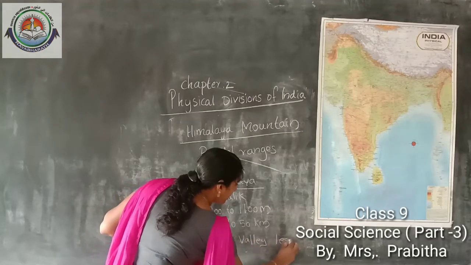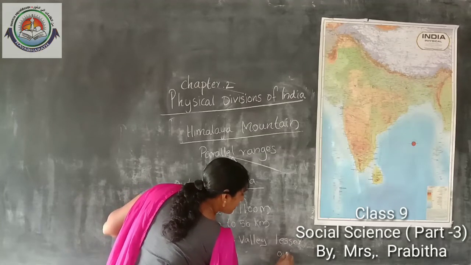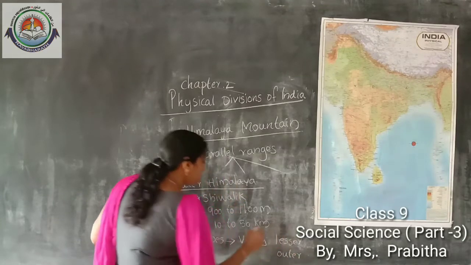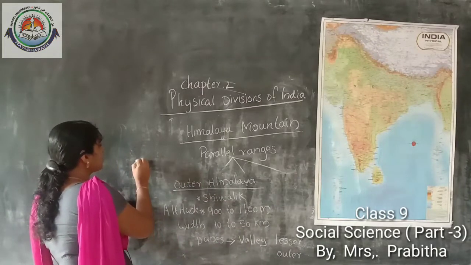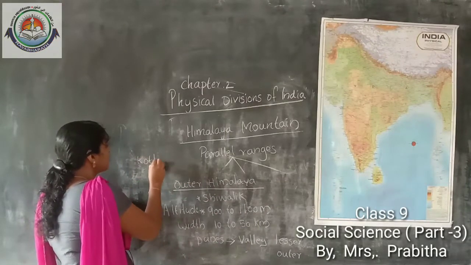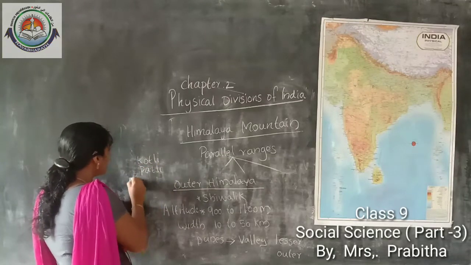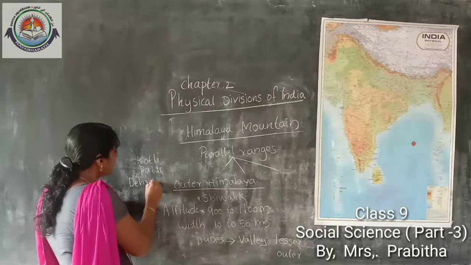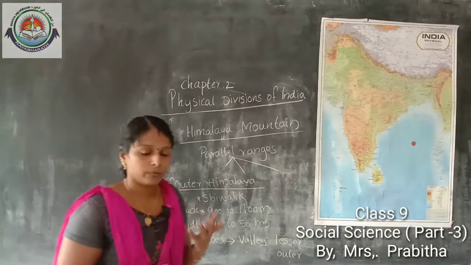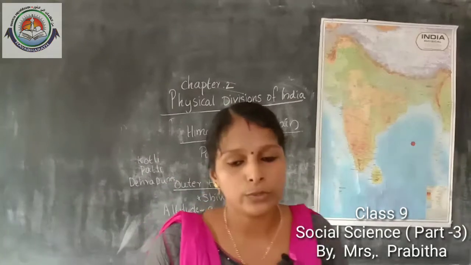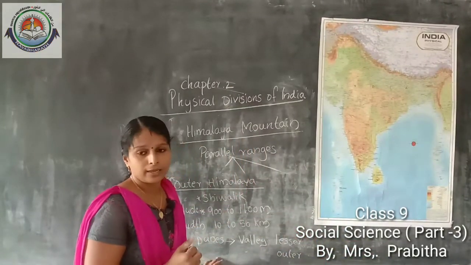Some of the most important dunes are Kotli dunes, Patli dunes, and Dara Dune. Dara dunes are examples for the dunes. I hope everybody understood what is Outer Himalaya.